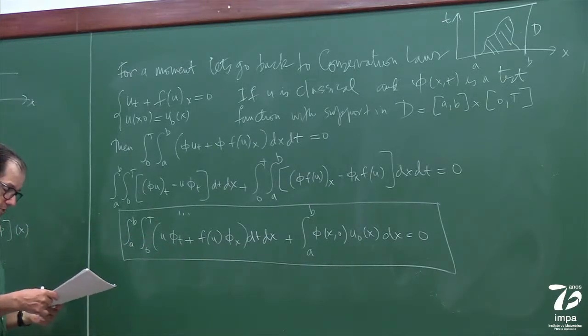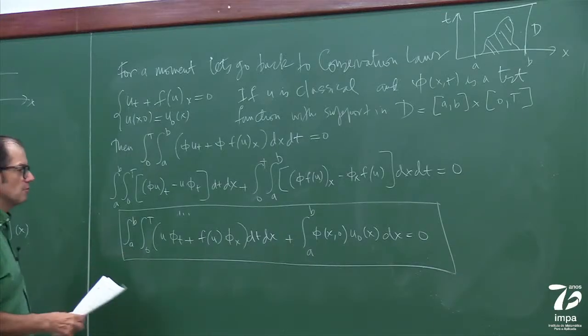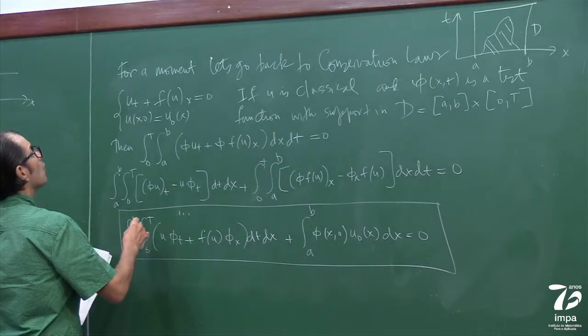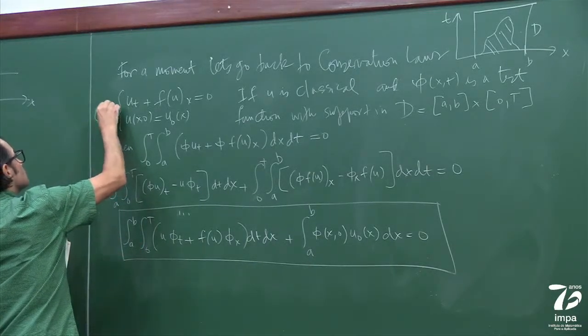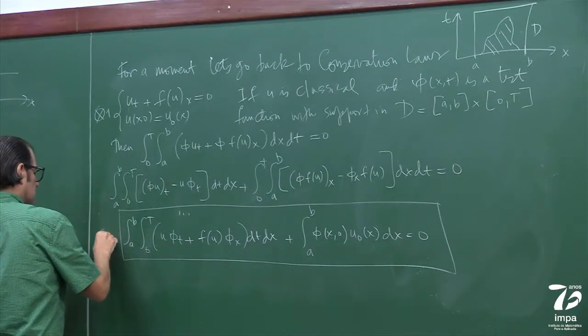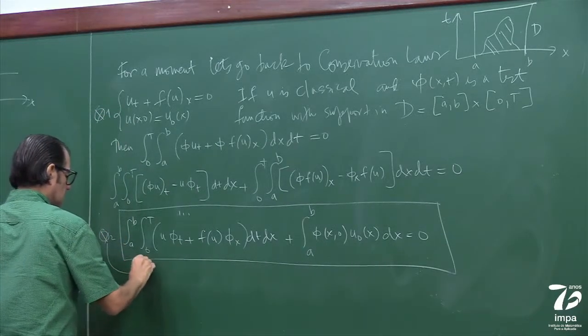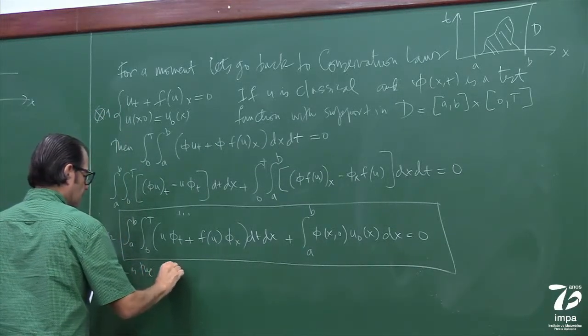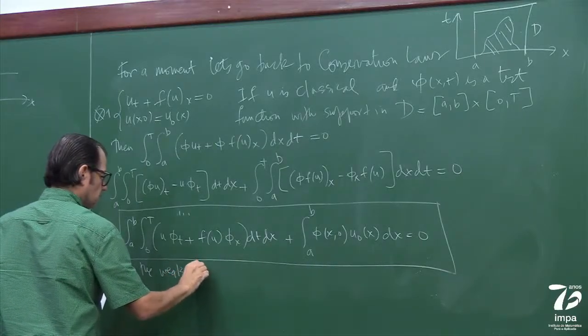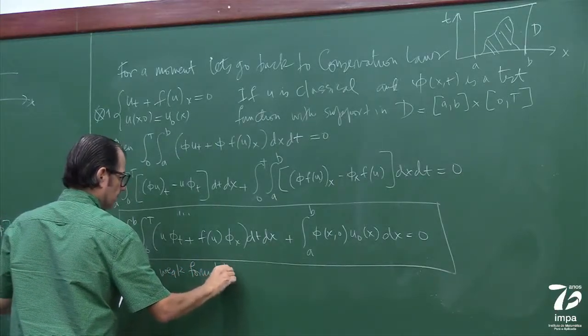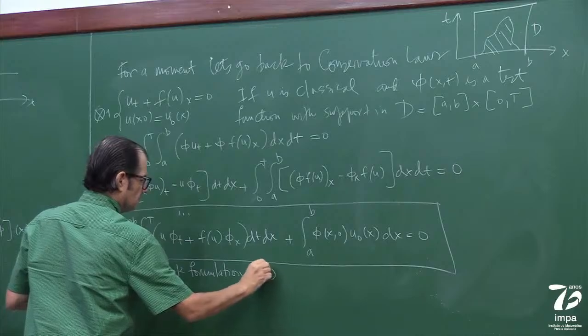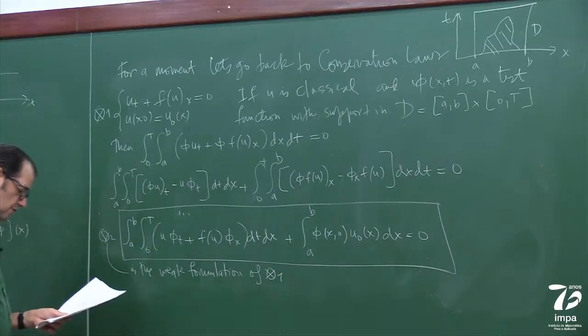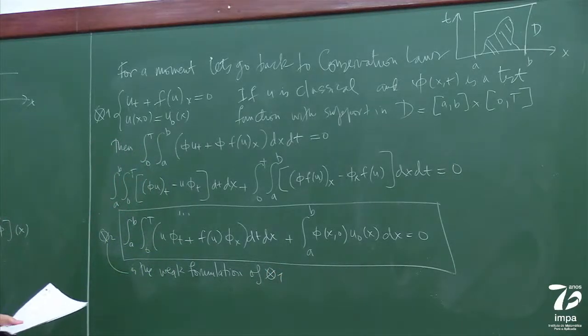And as a comment, this is the weak form. So if I call this 1, 2 is the weak formulation of this.